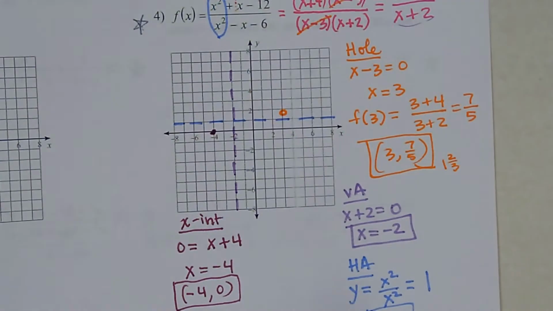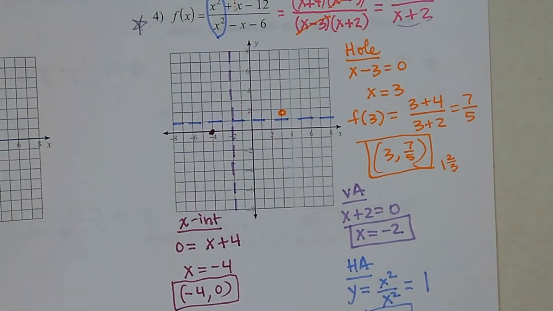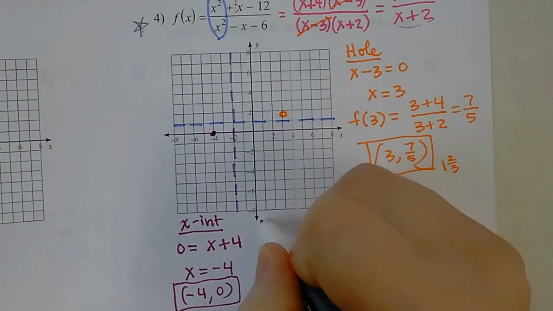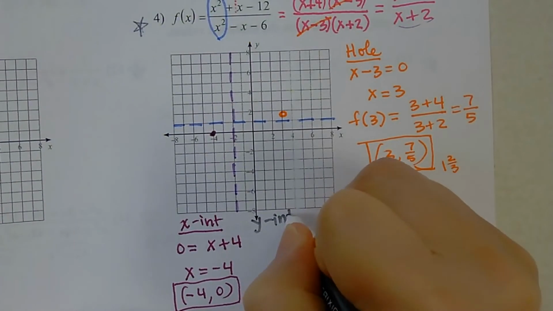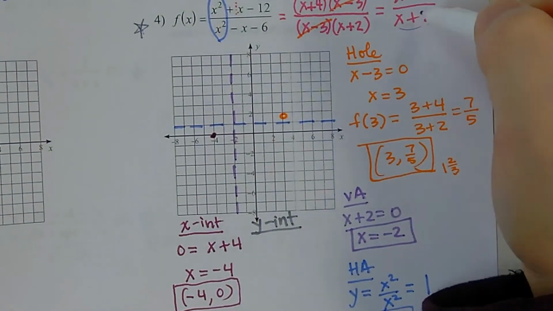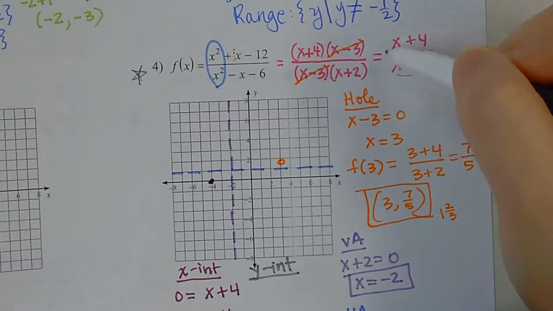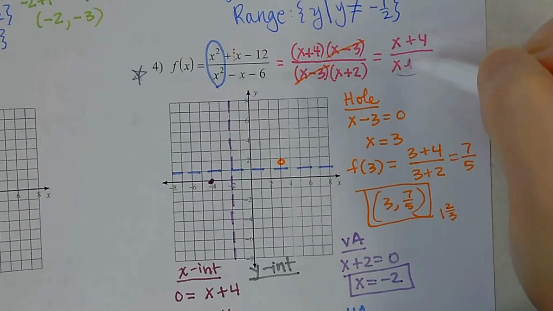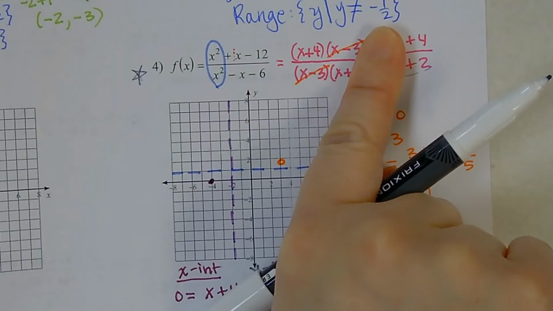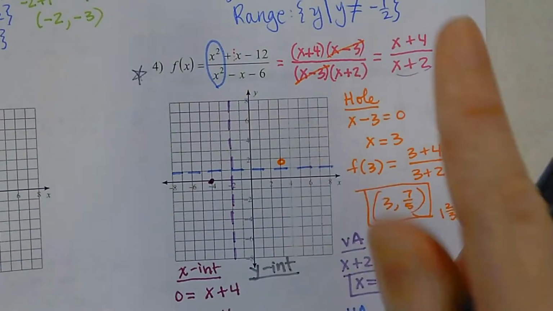And we're going to go on to the y-intercept. Oh, sorry. I need to move more. The y-intercept is here. So the y-intercept, I'm just going to use the simplified version just because there's not much going on. If I just put zeros in for the x's, all I have left is positive 4 over positive 2.